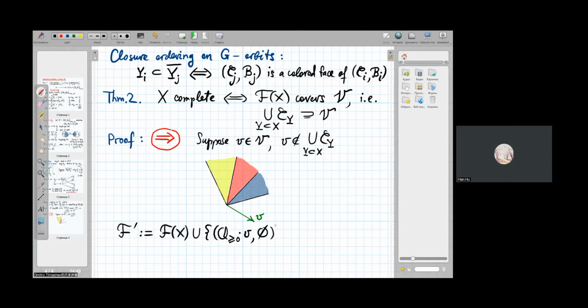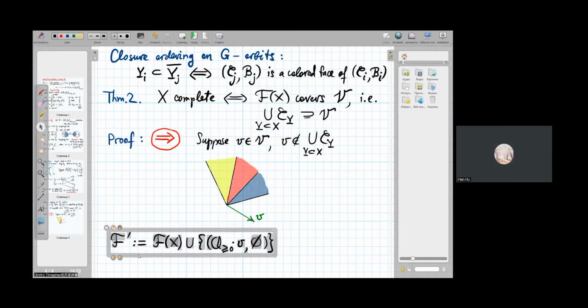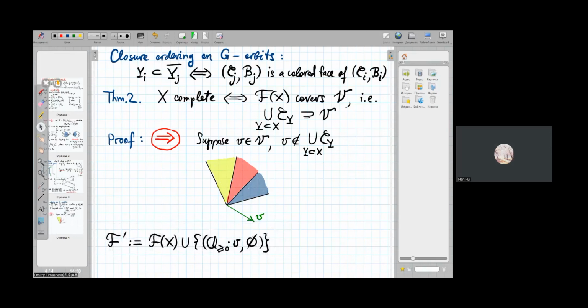Like this. So I add a ray to my initial fan, a ray spanned by this vector.